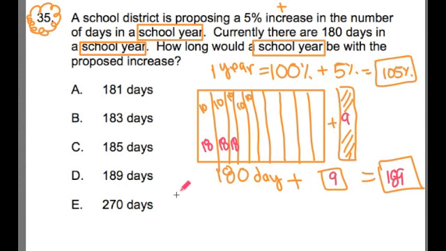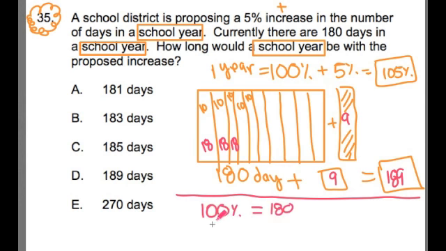Let's try another way. Maybe even a faster way, a little bit more basic way, but a faster way to get to the answer. If I know 100% is equal to 180 days, I could break that 100% in and find out what 10% of it is. If 100% is 180, 10% would be 18.